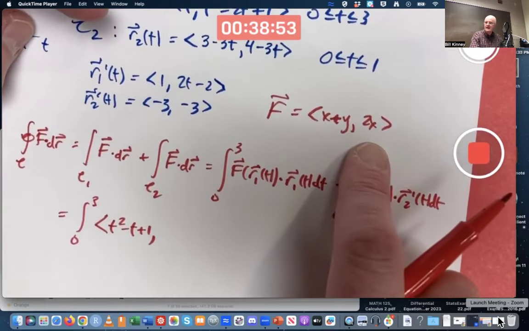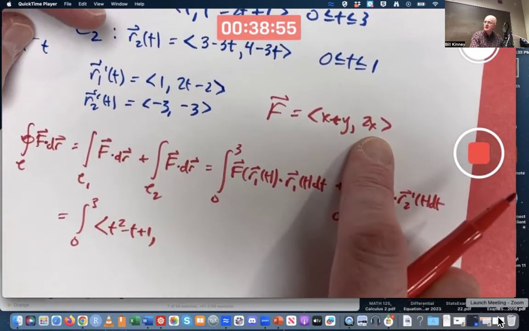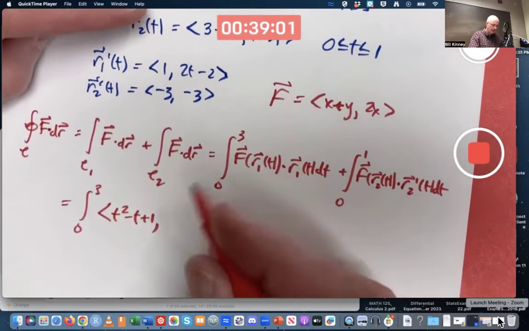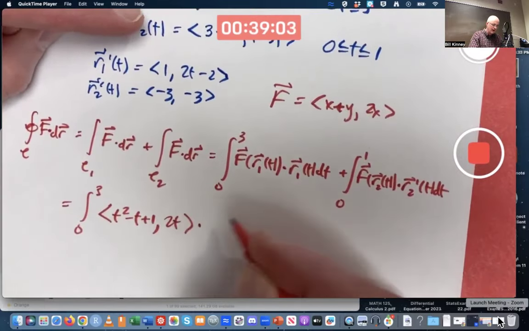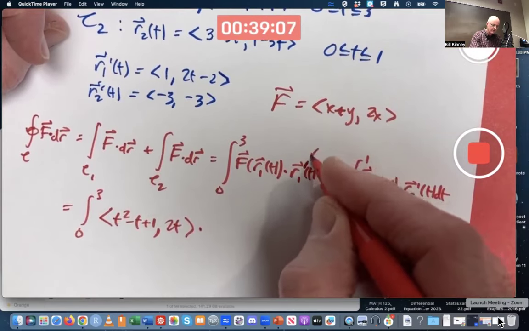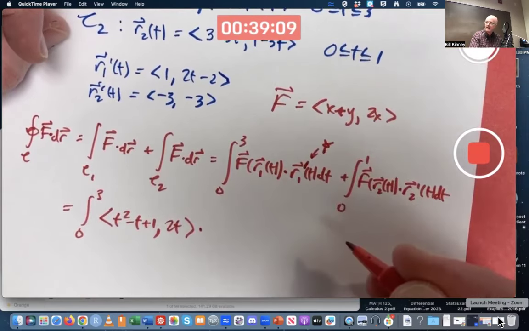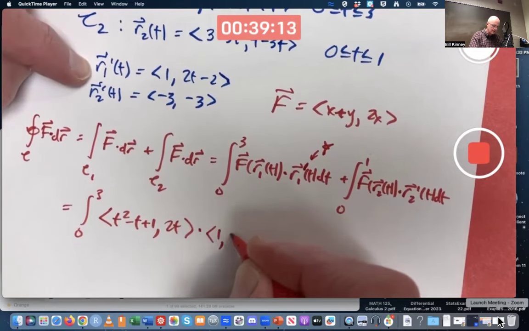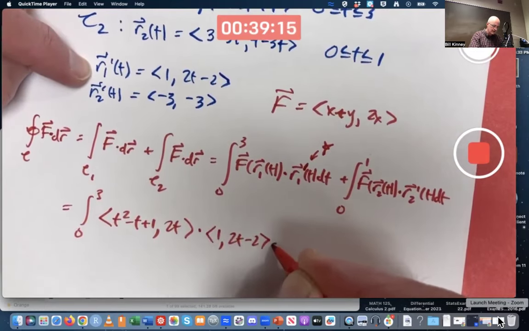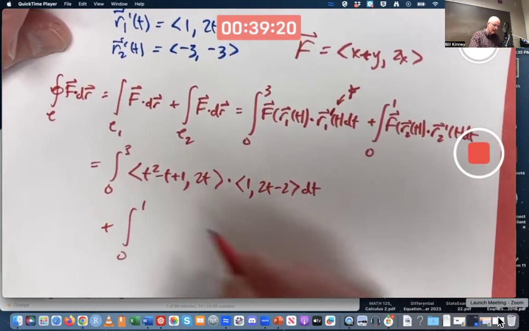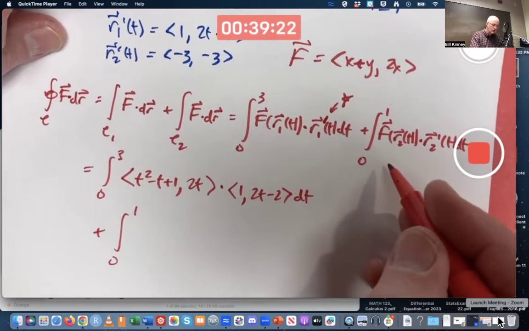For the second component, I take 2 times x, 2 times t. Dot that with R1 prime. I forgot my prime here, sorry. Dot that with R1 prime, that's this vector, 1 comma 2t minus 2. Add the integral from 0 to 1 of f of R2.